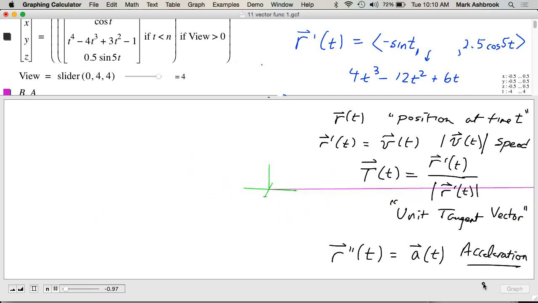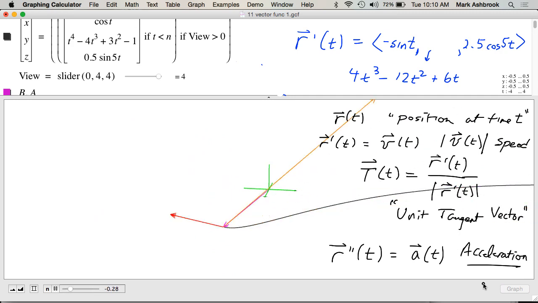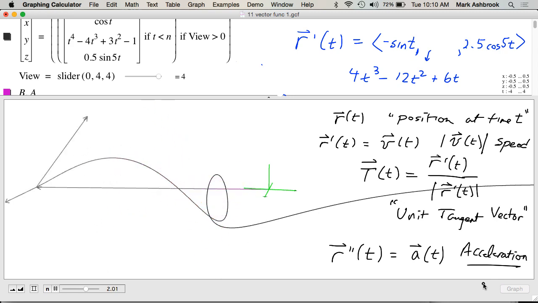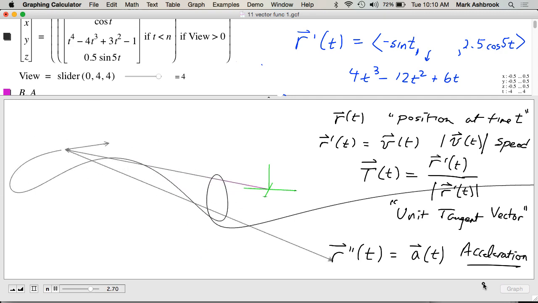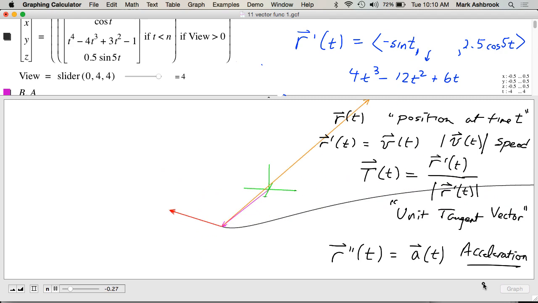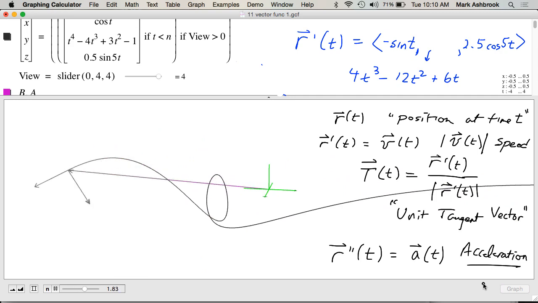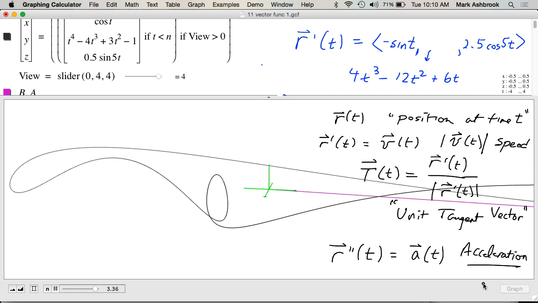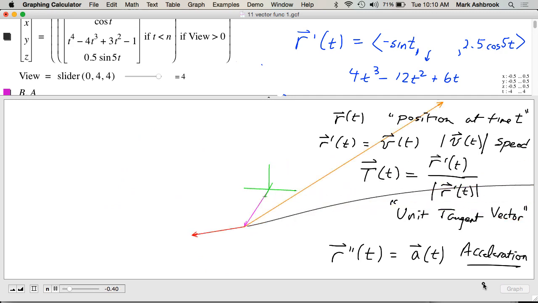So changing speed causes acceleration, and just turning causes acceleration. When you put those together, we've got a crazy combination: slowing down, then all of a sudden turning really sharply, then heading straight, not so fast. I've got all these different combinations of turning and varying speed. That's why this thing is going crazy.